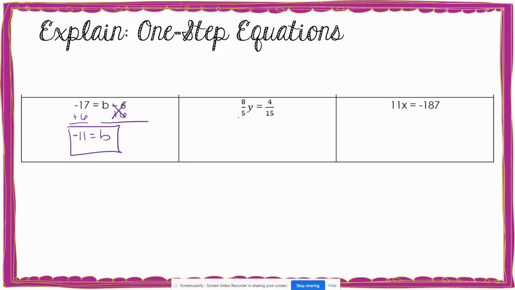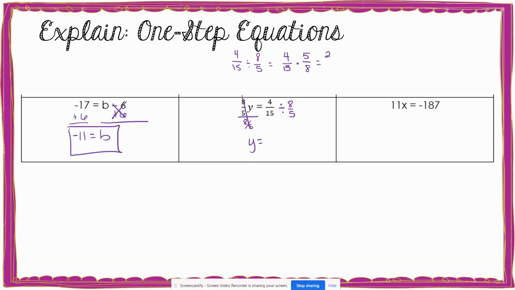On this side, I would need to divide by 8/5 on both sides. These would cancel and leave me with y equals, well, if I do 4/15 divided by 8/5, that's the same as multiplying 4/15 by the reciprocal of 8/5, and the reciprocal is 5/8.